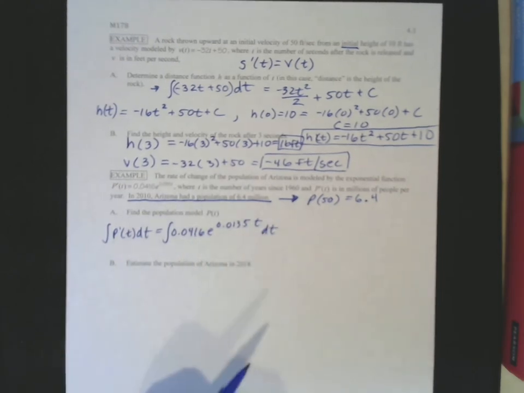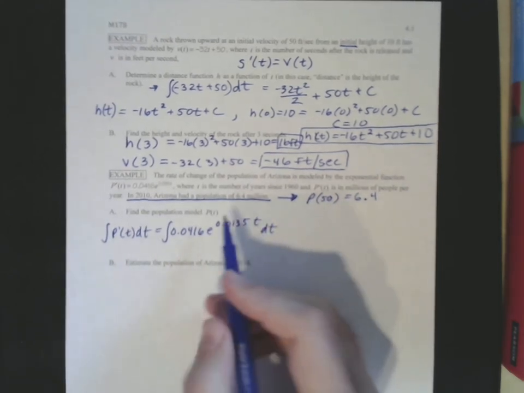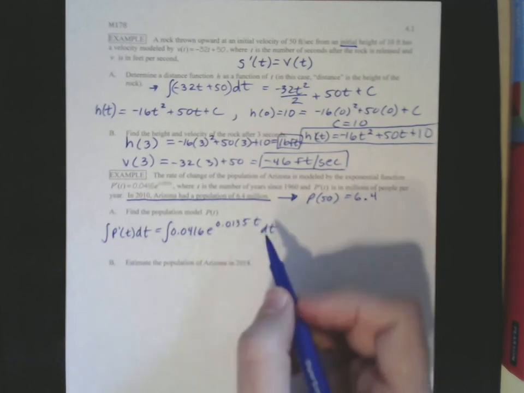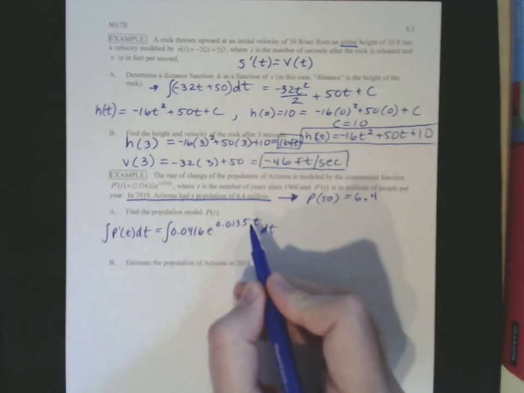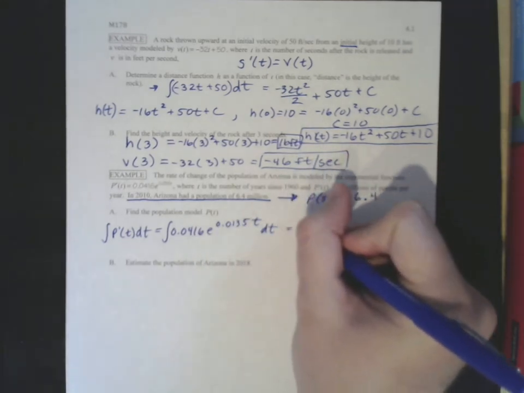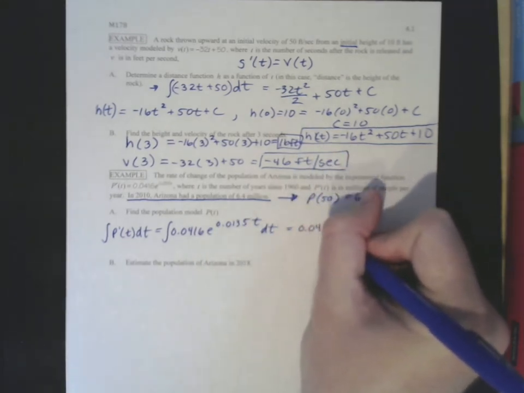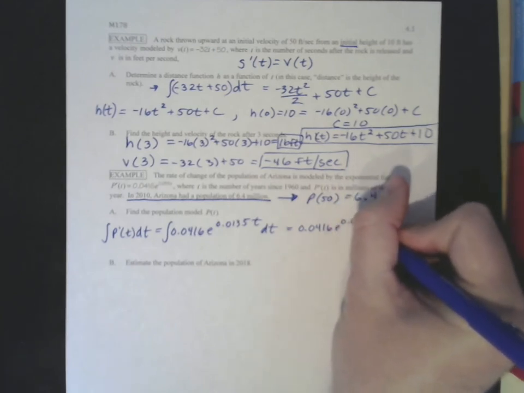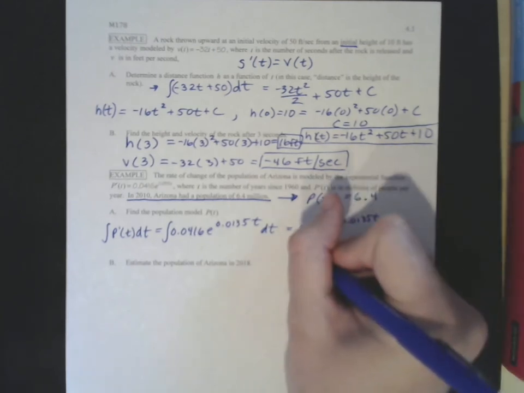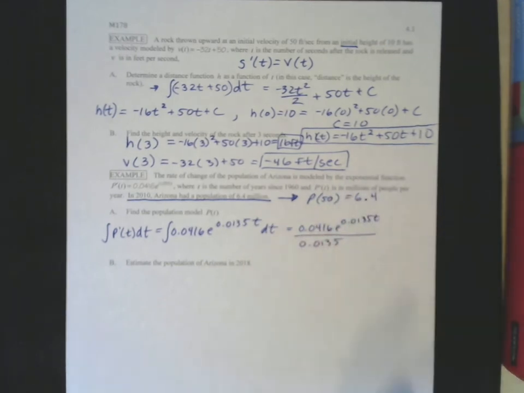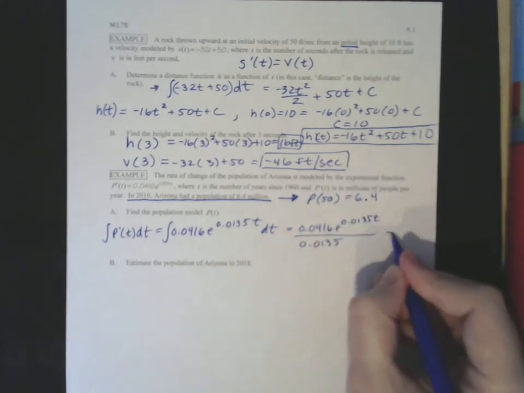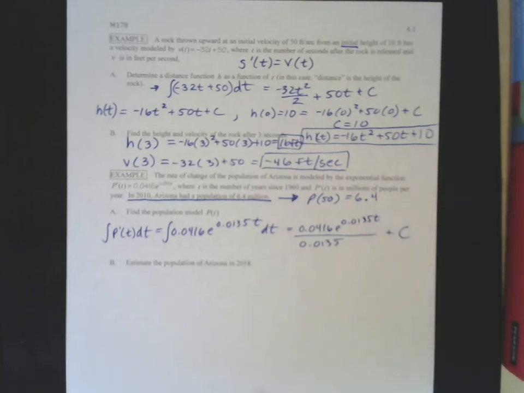And if you go back to the previous examples, every time we have an exponential that isn't just an x or a t, or whatever our variable is, we end up dividing by this number. So this is going to be 0.0416 e to the 0.0135 t divided by 0.0135. It always works out that way. And then we can't forget our constant of integration plus c.